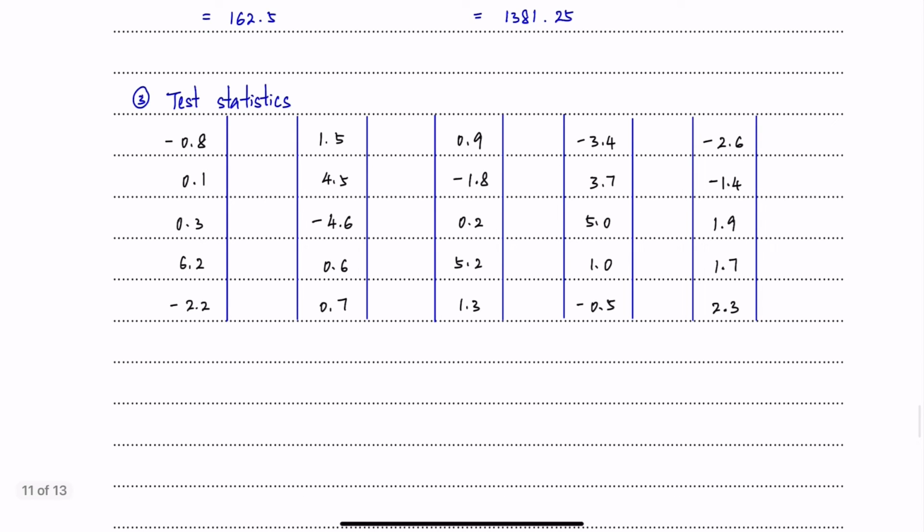So 0.1 would be the first difference, the smallest difference. The second one would be 0.2. Third one, 0.3. Fourth would be negative 0.5.